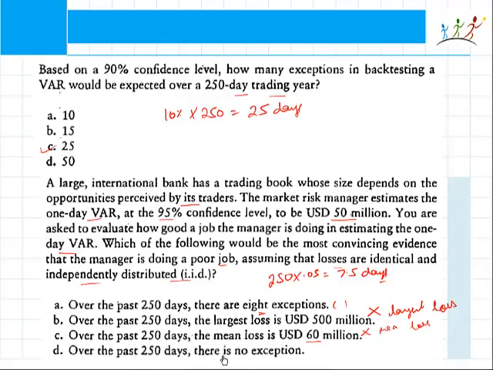If over 250 days there is no exception, that is, there are 0 exceedances, then this definitely is an indication that we are underestimating or overestimating the VAR.